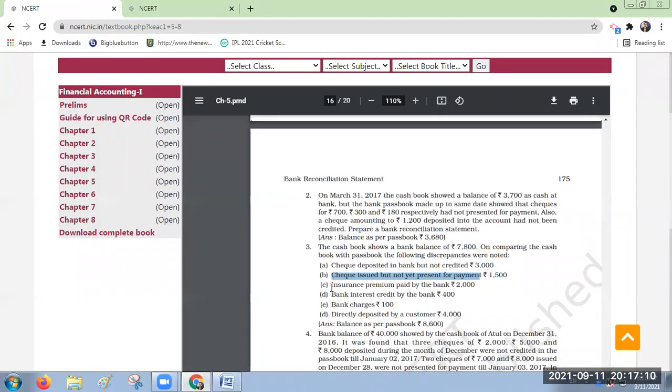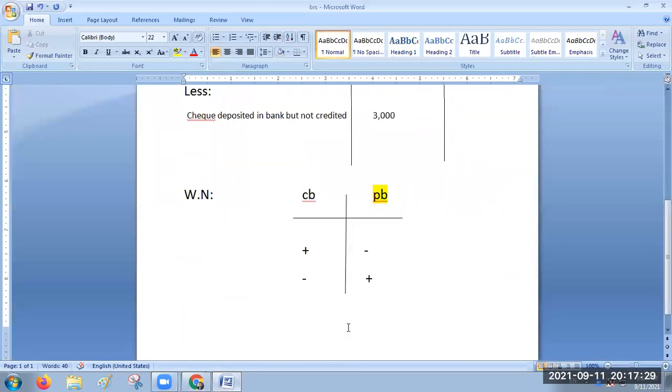Insurance premium. I mentioned in the previous class, standing instruction can be given. Insurance premium or telephone charges, anything they will pay based on our instruction. So banker has paid 2,000 rupees, but we do not know it. So what it implies?